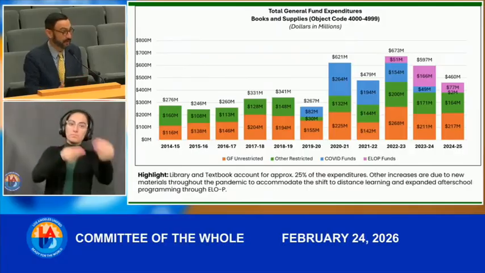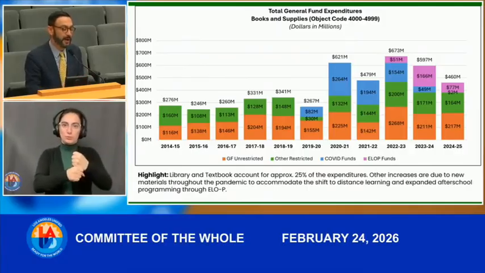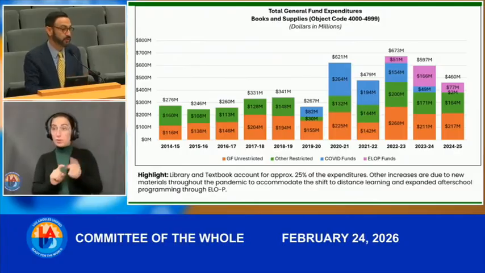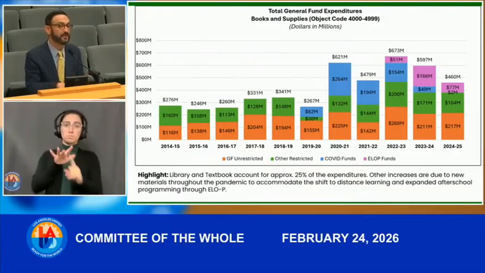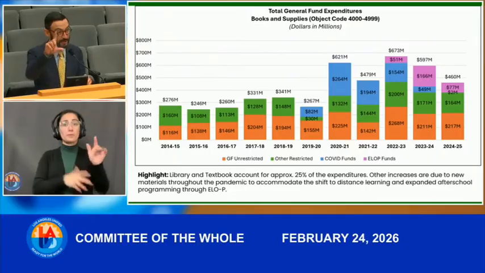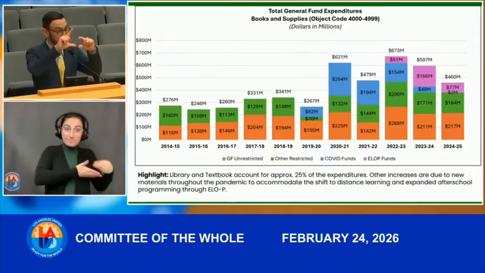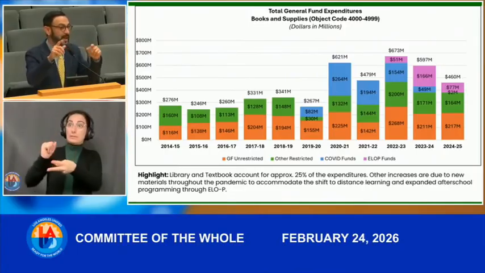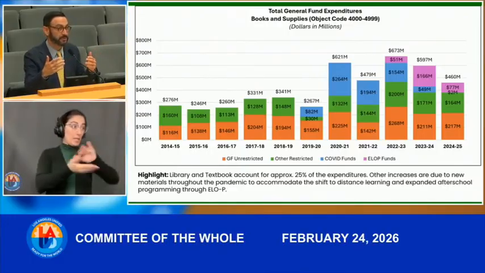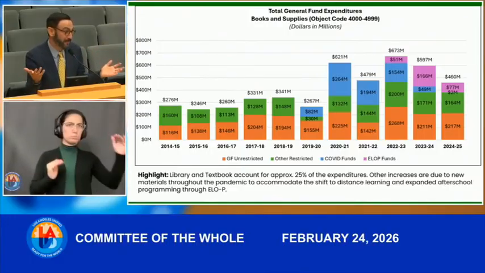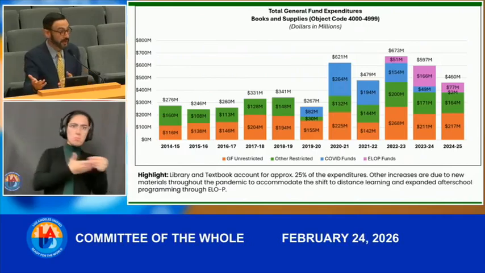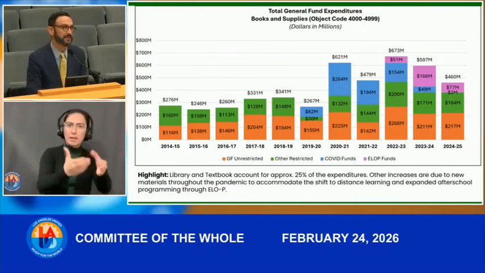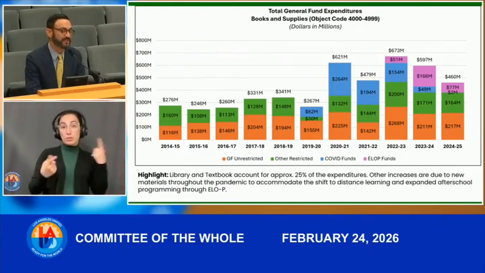That changed going into next school year, but we did see those trends where oftentimes there was a substantial amount of underspending when you're comparing the amount budgeted and the amount expended. And in part, it's because the funds weren't spent, they weren't moved to another category and then spent, and it is a phenomenon that we've seen over the last many years.